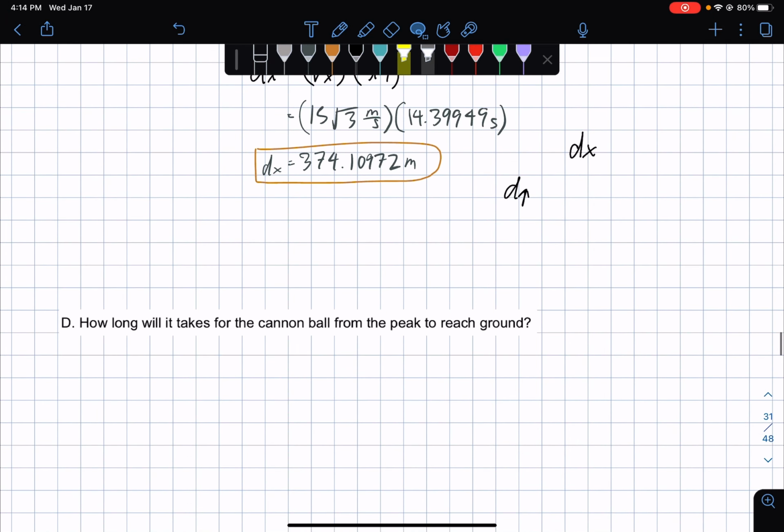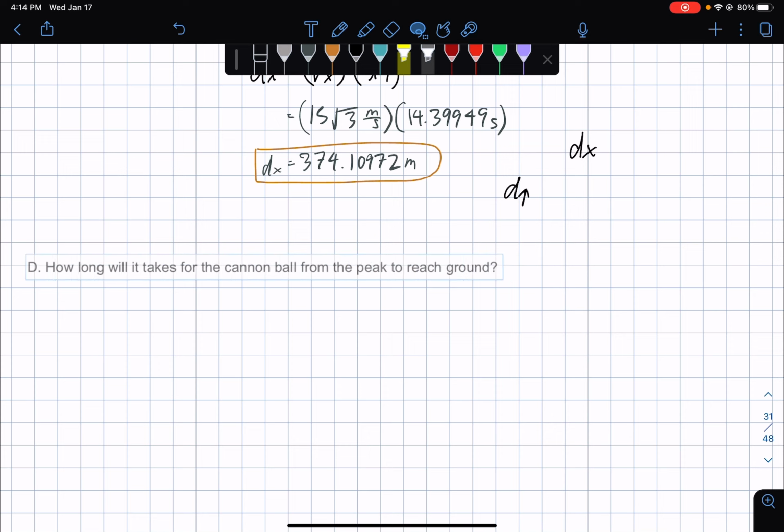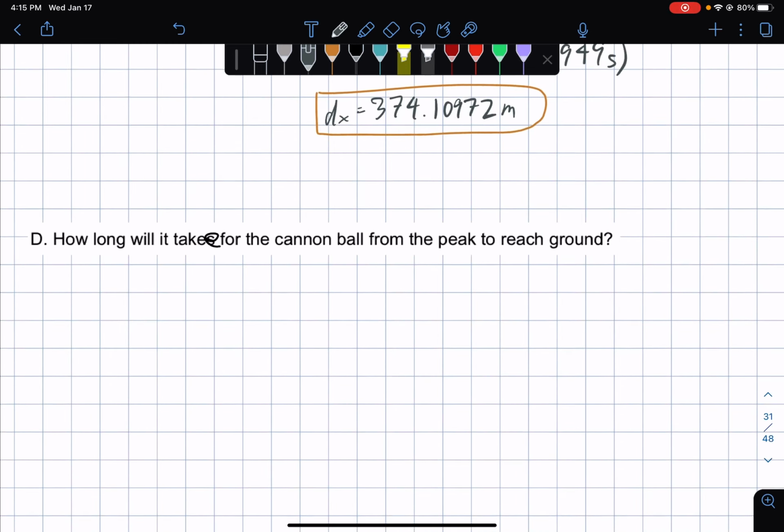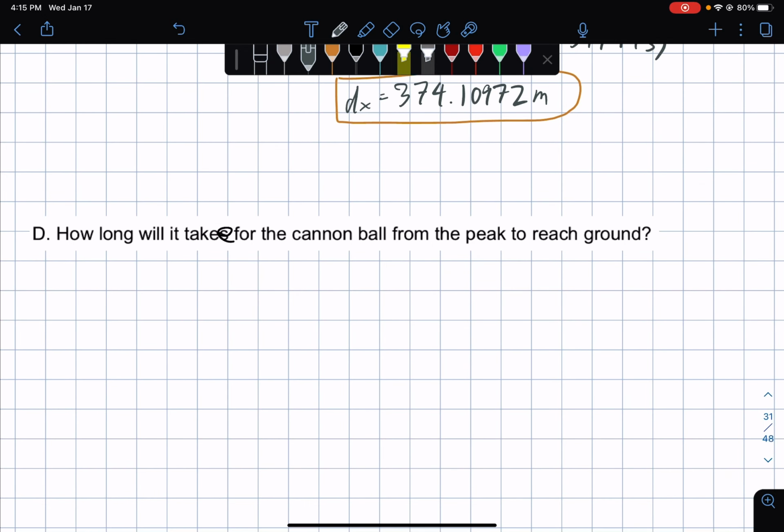Let's see letter D. How long will it take for the cannonball from the peak to reach the ground? So from the peak to reach the ground, this is not the total time. We are looking for the time from the peak until it reaches the ground.